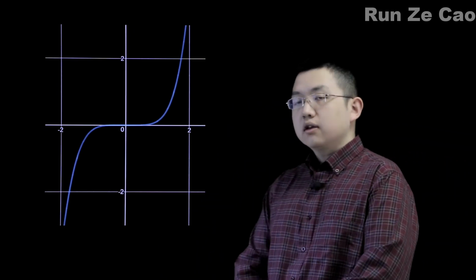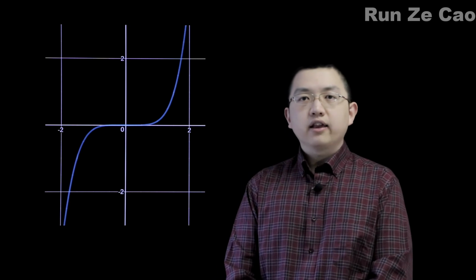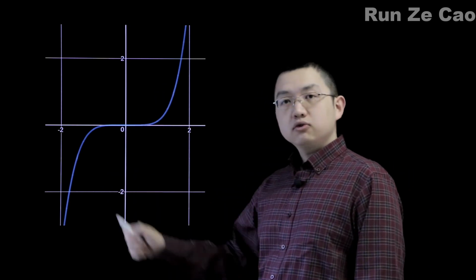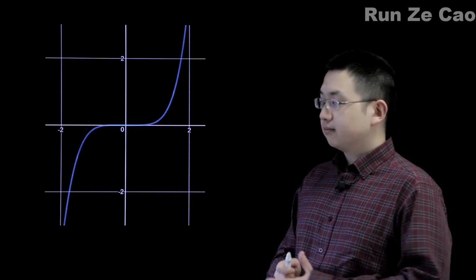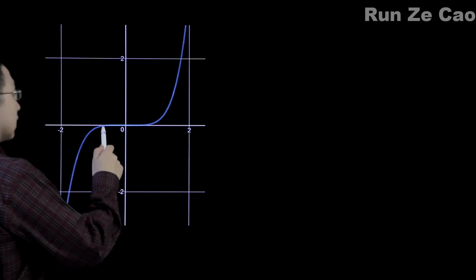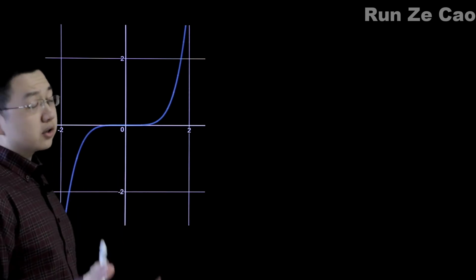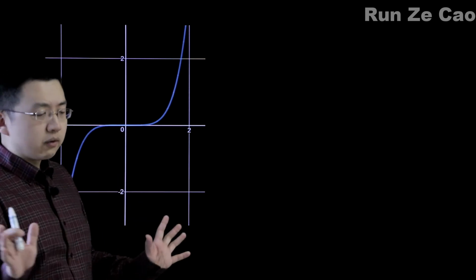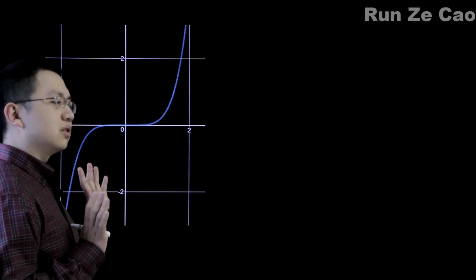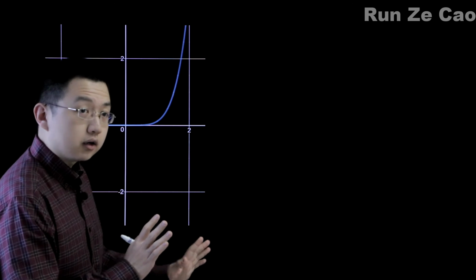And hopefully this review of power functions has been useful in terms of remembering the concept of point symmetry versus line symmetry. So point symmetry is for odd functions, line symmetry is for even functions. I know it's usually called odd powered and even powered, but after a while most people tend to just not bother saying the power part.